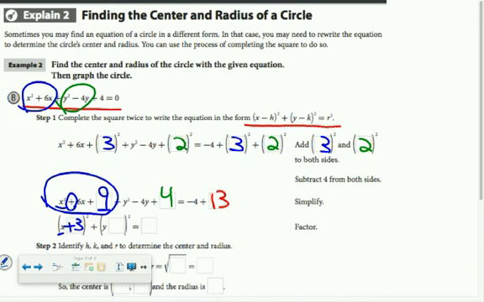And then in the other parenthesis, this number here is the square root of 4, so that's 2. I use this sign, which is negative. And then on the right side of the equal sign, I have -4 plus 13 is 9.